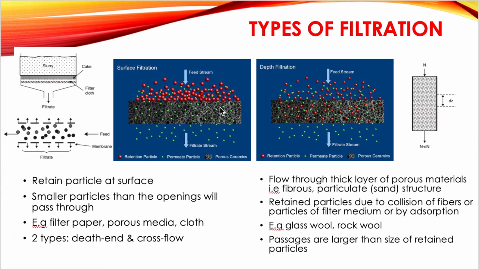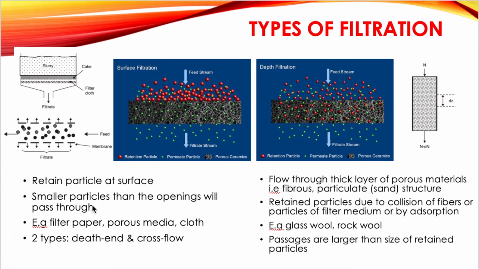Okay, so for surface filtration, you can see the retention particles are on the surface of the media and don't pass through it. This is because the particles are retained at the surface, since the media have pores that are smaller than the particles that we want to retain at the surface.